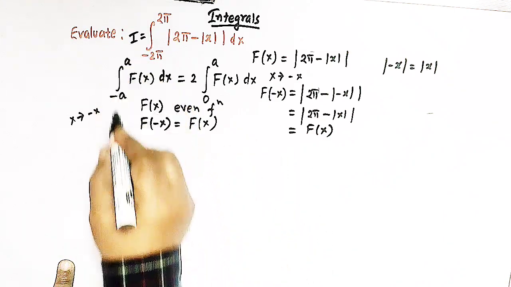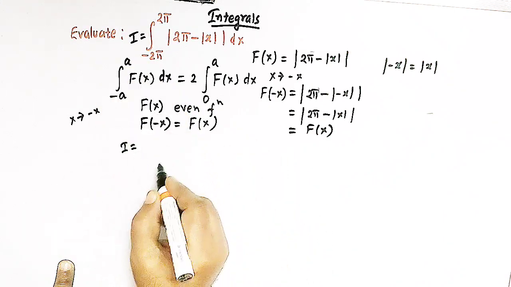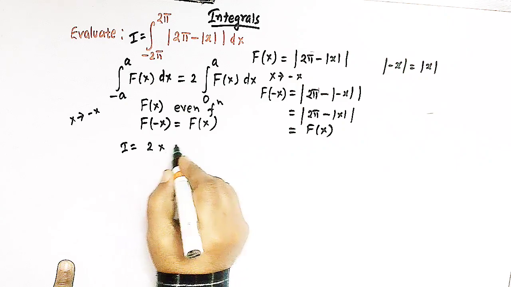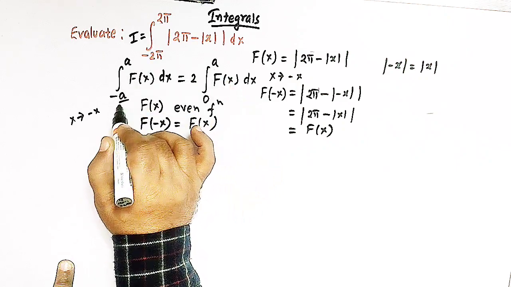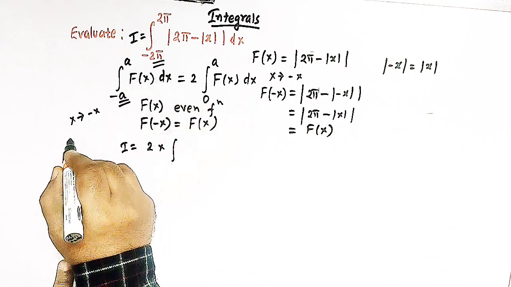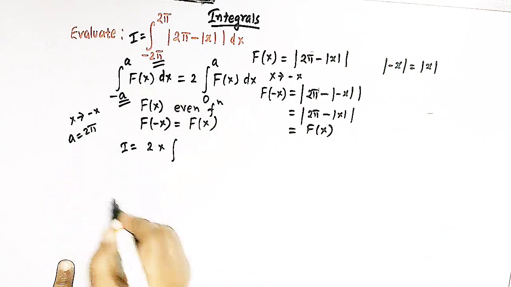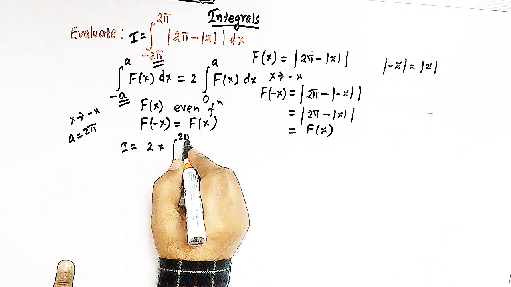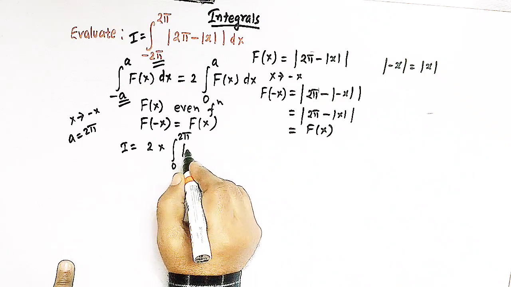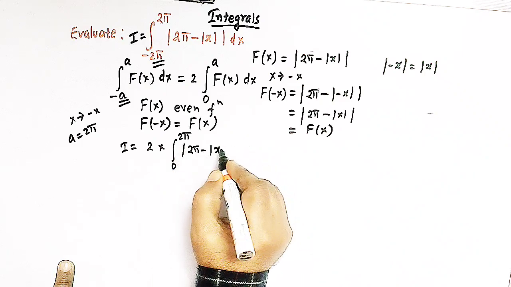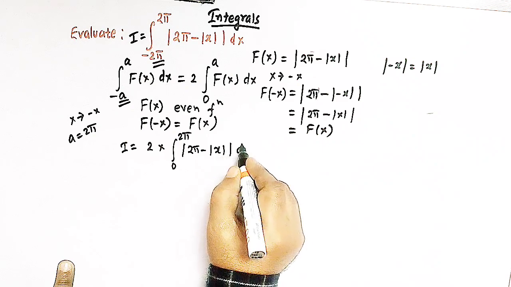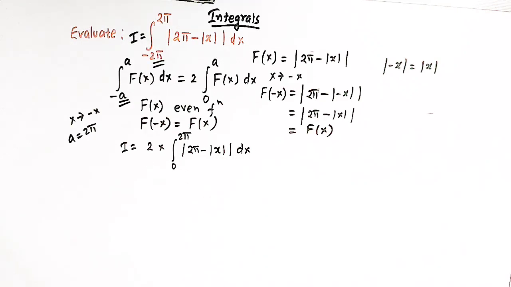So we can now write this integral I as 2 times the integral from 0 to a, where the value of a is 2 pi. So we have 0 to 2 pi of mod of 2 pi minus mod x dx.